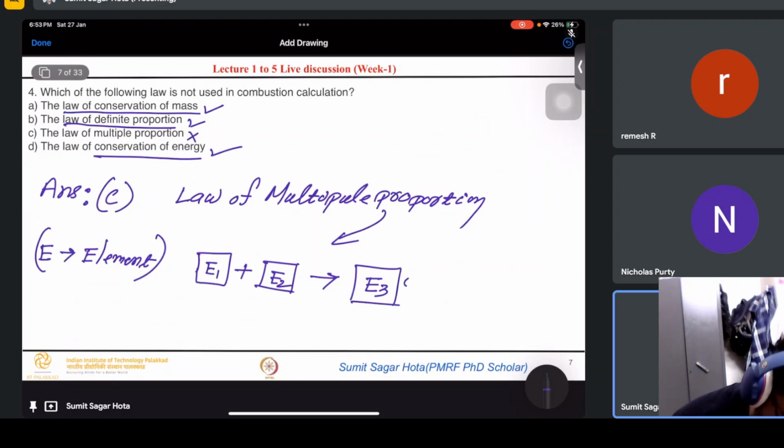Maybe I can say E3 comprises x percentage of E1 plus y percentage of E2. Because of that, it forms a new product.